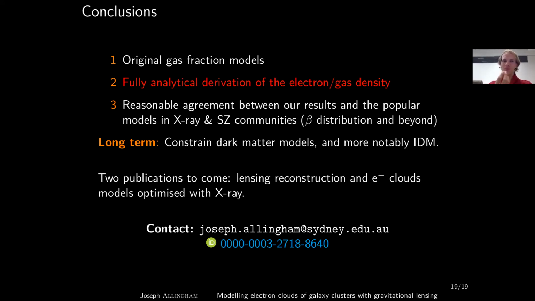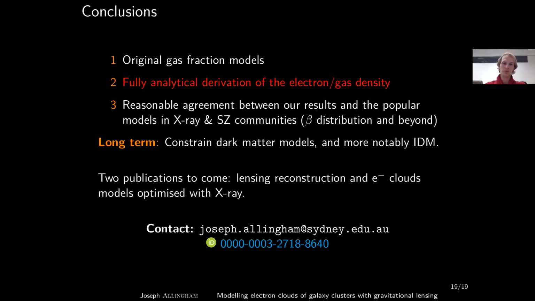So what we've done, we have offered a new original gas fraction model that should be useful for anyone who still wants, from X-ray and SZ, to derive some information about dark matter halo. More importantly, we have presented that fully analytical derivation of the electron and gas density from the full matter density, and from basically just the observation of strongly lensed objects.